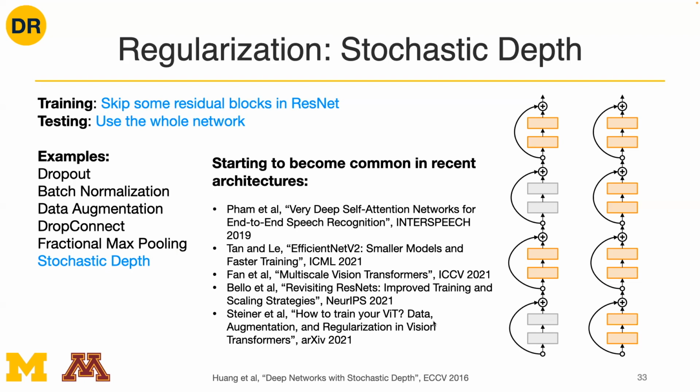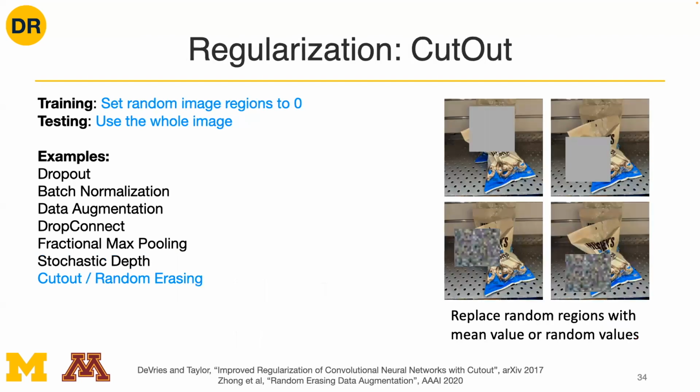Because remember, if you look at some of those Chris Olah blogs where they introspect the model, a lot of these layers are learning increasingly high-level features. So the idea that you could remove an entire block, which is maybe detecting at the level of cats and dogs or cars or windows, and your network can still perform classification tasks to a high degree is really fascinating. So, stochastic depth.